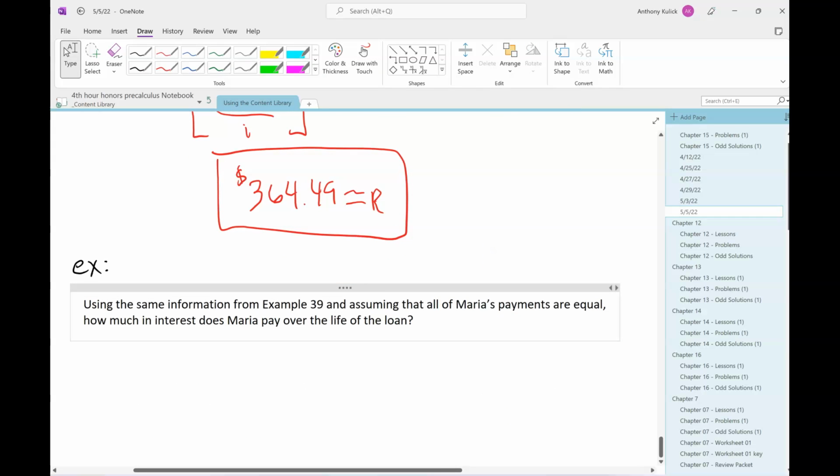All right. It says, using the same information from example 39, that's the previous, and assuming all of Maria's payments are equal, how much interest does Maria pay over the life of her loan? So what I'm going to do is calculate our total costs. So what's everything that Maria pays for the car?